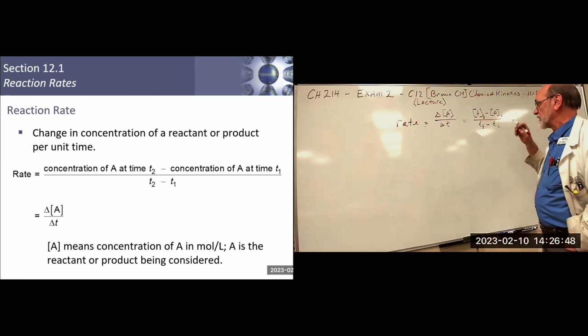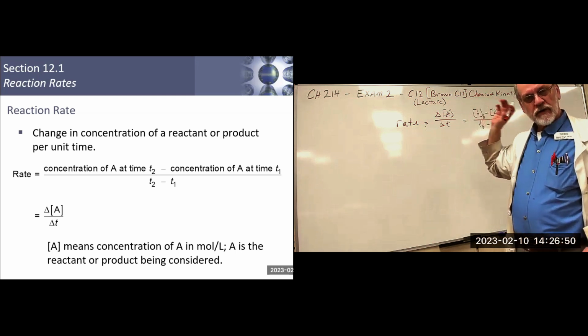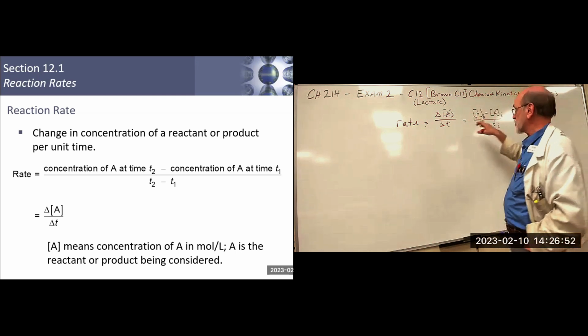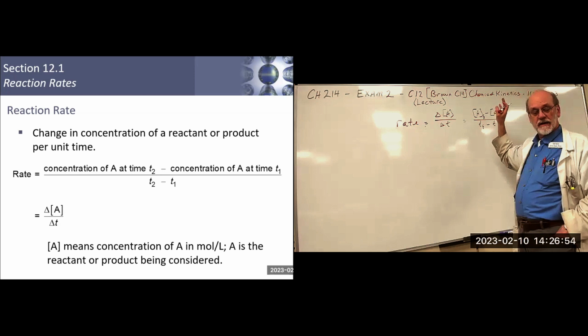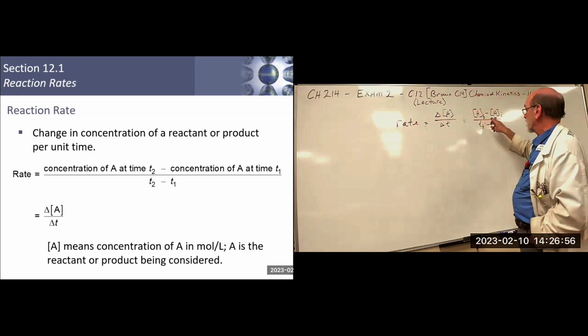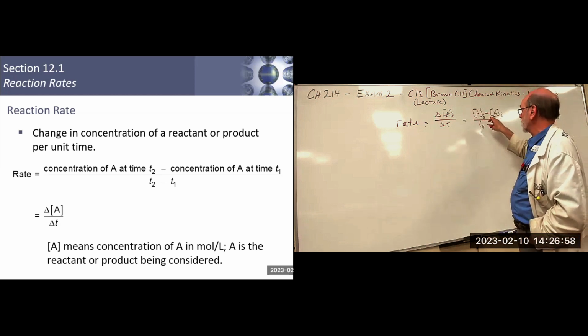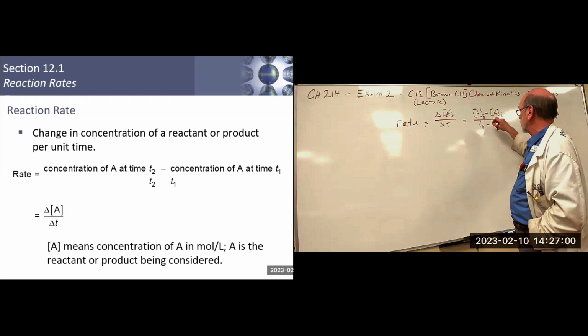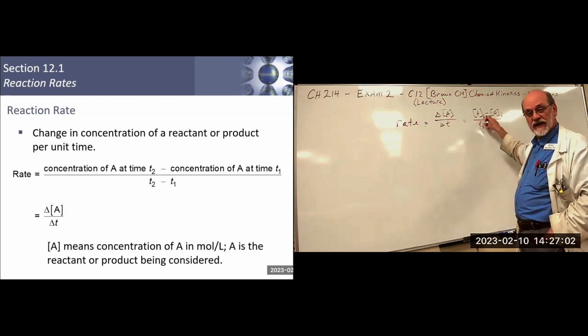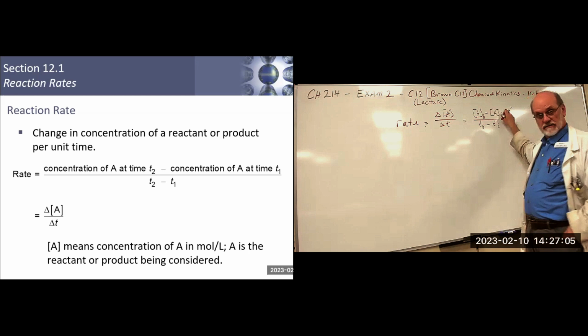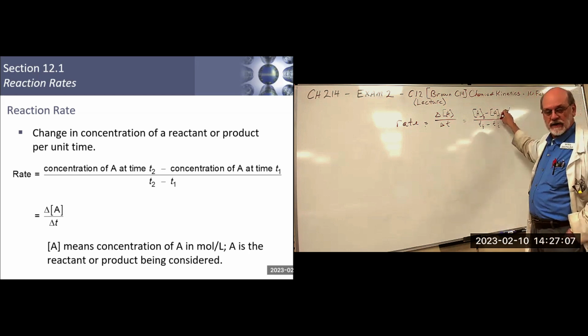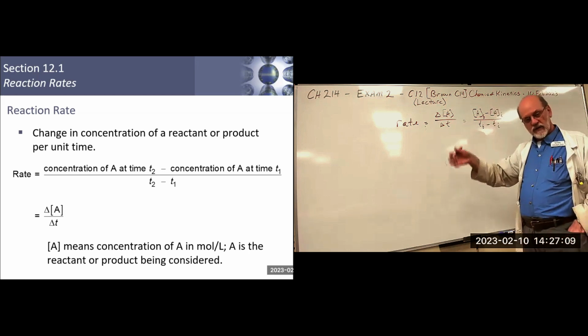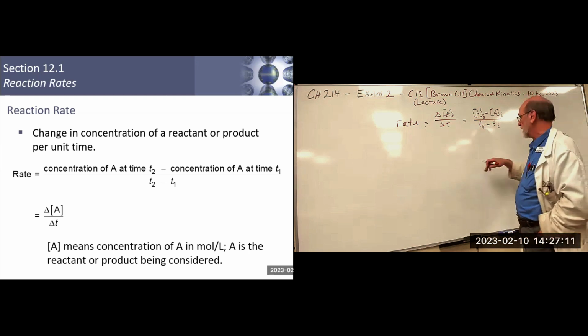Okay. So that way, if we're looking at a change in A as a reactant, then the final is going to be less than the initial. That'll make it a negative number, and the rate will be negative because the reactant's disappearing.